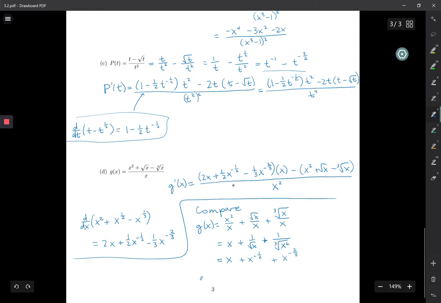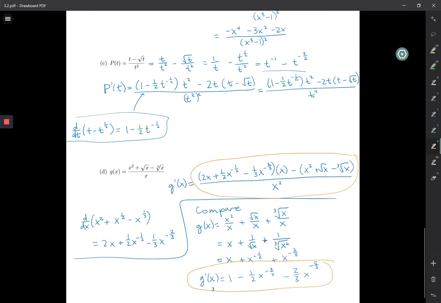And then g prime is equal to 1 minus 1/2 x to the minus 1/2 minus 1, so 3/2, minus 2/3 came down, and then x to the 2/3 minus 1, negative 5/3. Okay, now compare this answer, which is already simplified, to this answer, which is a big ol' mess, right?